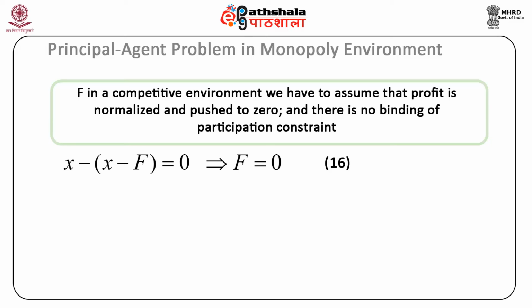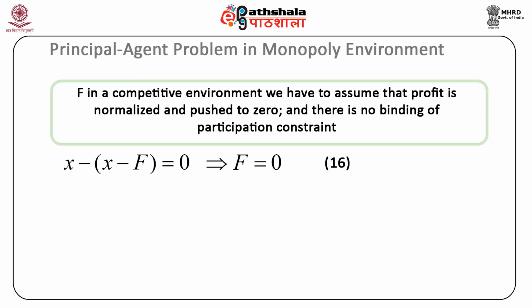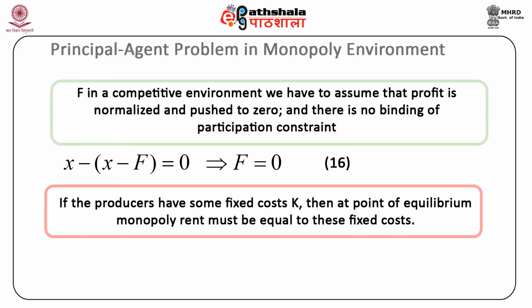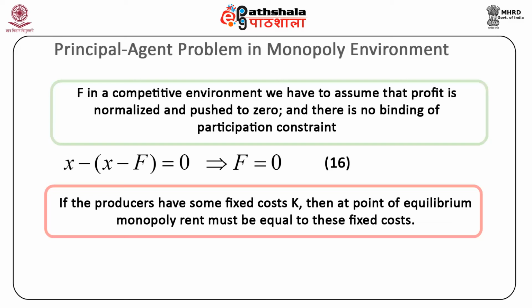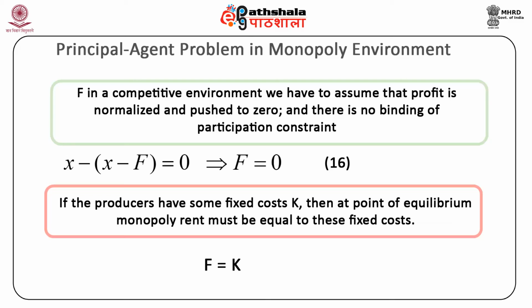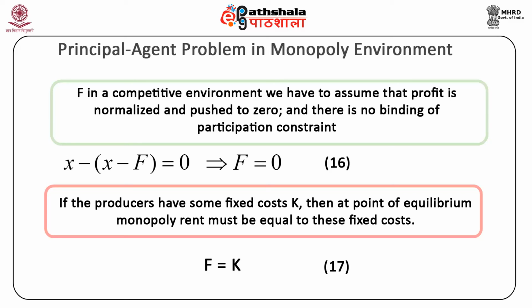In fact, constant returns to scale prevails with the objective that equilibrium rent is zero. If the producers have some fixed cost capital K, then at point of equilibrium, monopoly rent must be equal to these fixed costs. So, we can write that capital F equals capital K. This is equation 17.